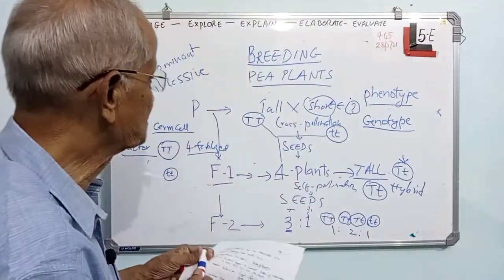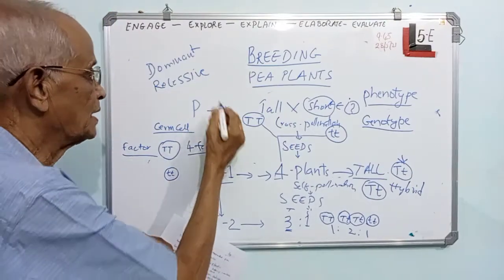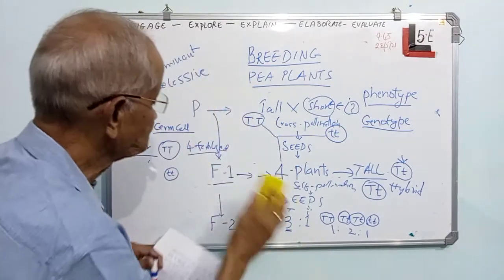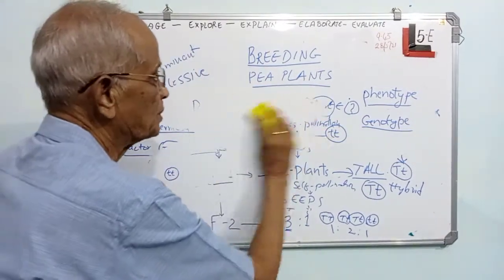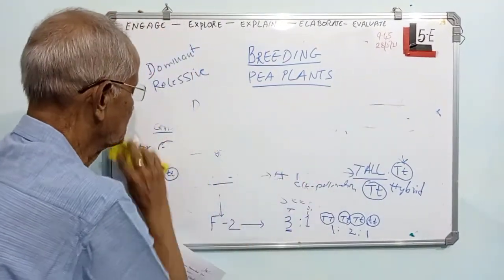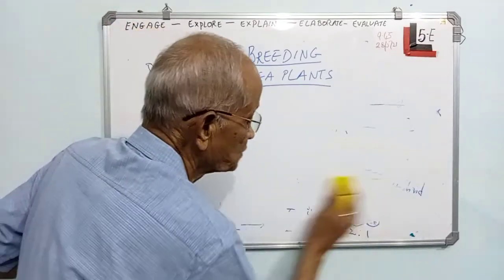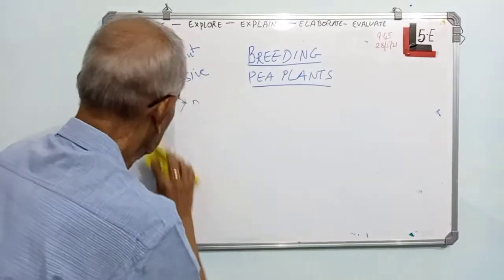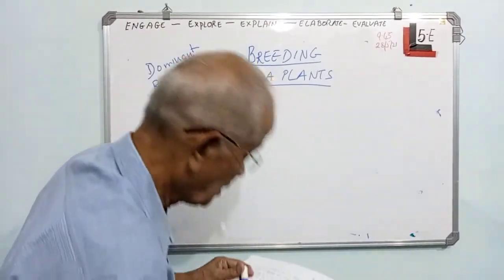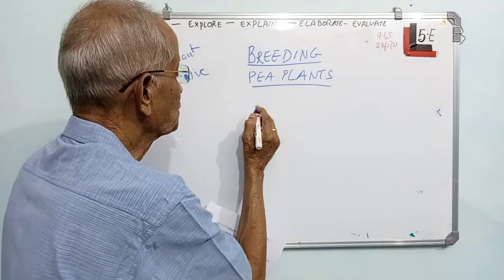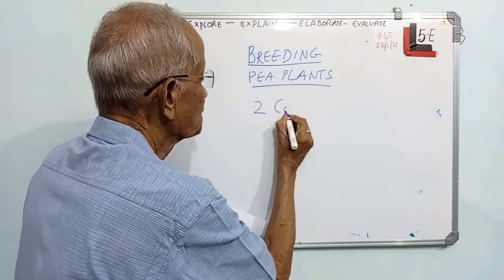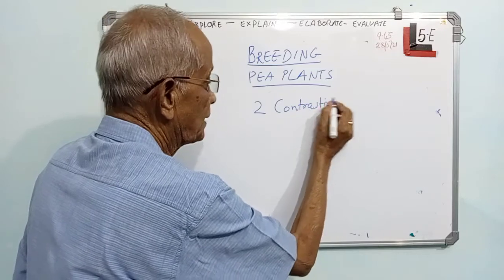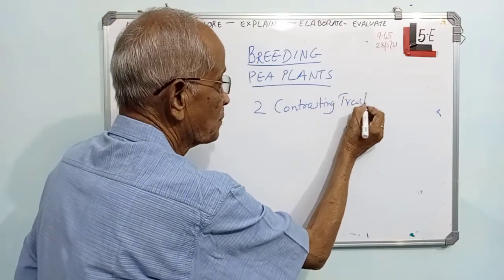Similarly, he studied later on for 2 traits. I will rub this off so that we can say a few words about the next ones. Now he took 2 contrasting traits for his experiment.